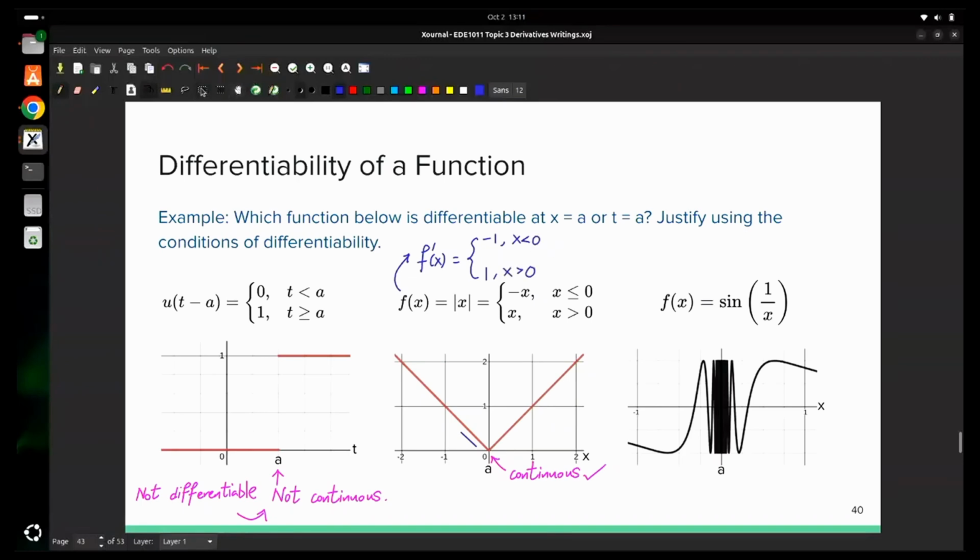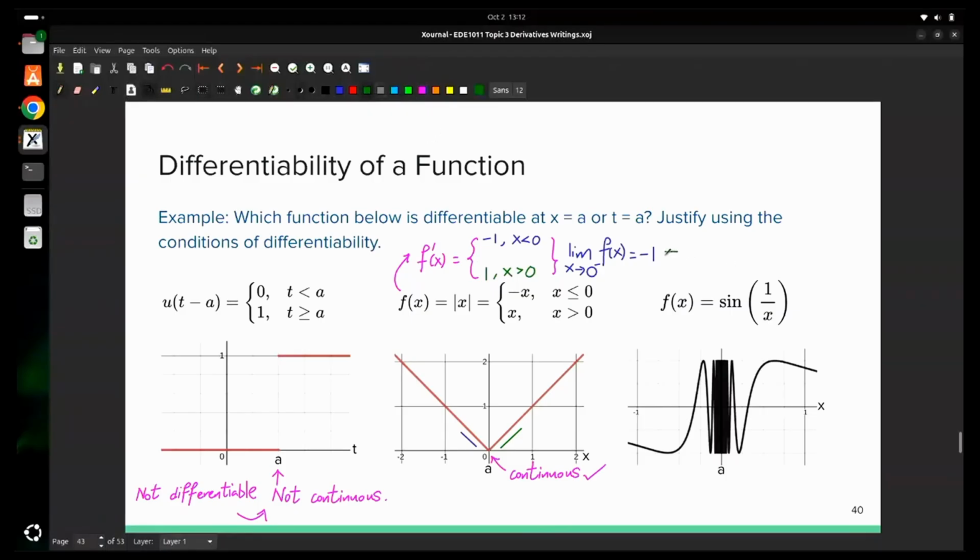Is that right? Okay. So you do observe that at x less than 0, you have a slope of -1. This implies that the limit as x approaches 0 minus of f prime of x is -1. It's the blue tangent. But if you compare it with the tangent on the right, maybe I use green color, that tangent has a slope of 1. This is for the tangent on the right of 0.